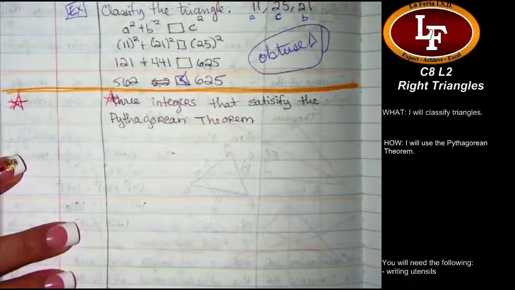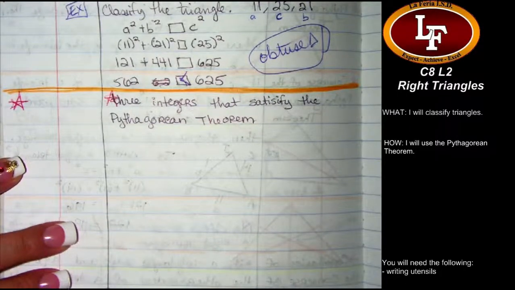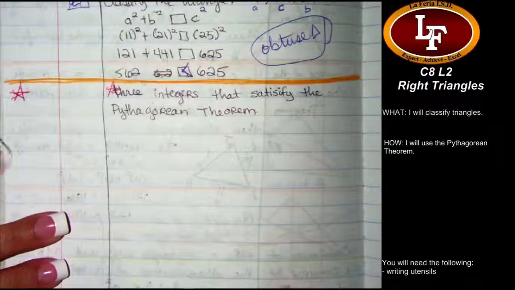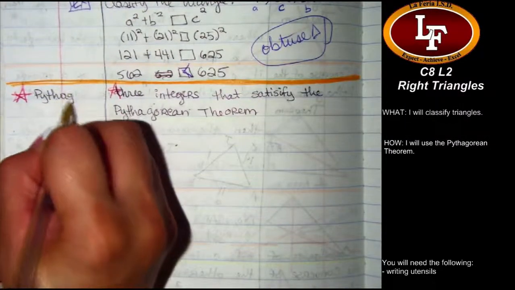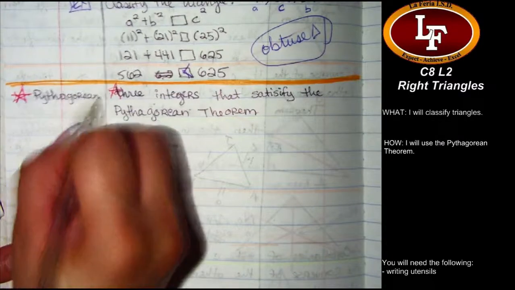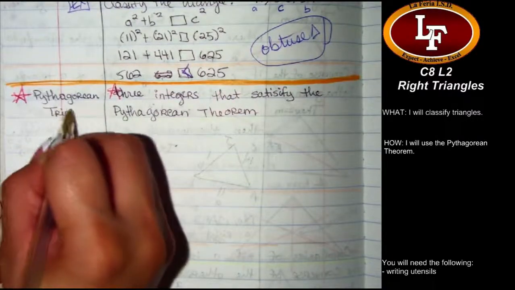These 3 integers that make the Pythagorean theorem true are called Pythagorean triples. They're like triplets.